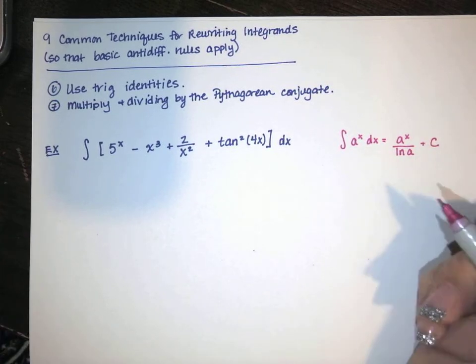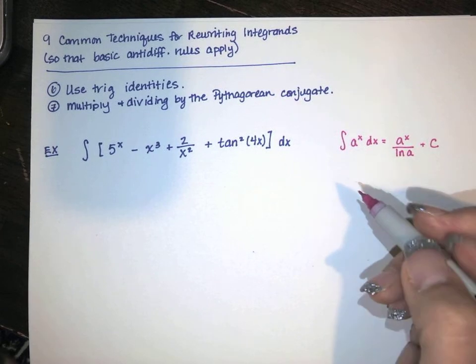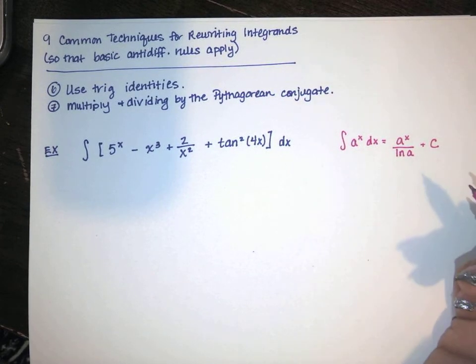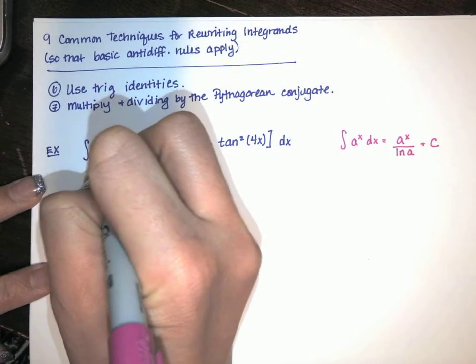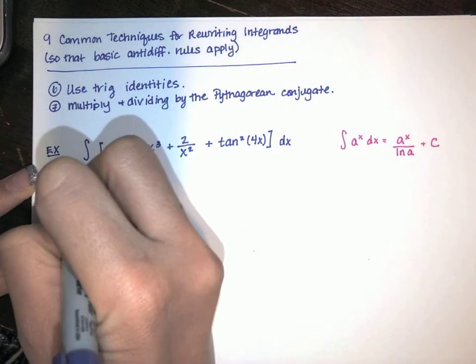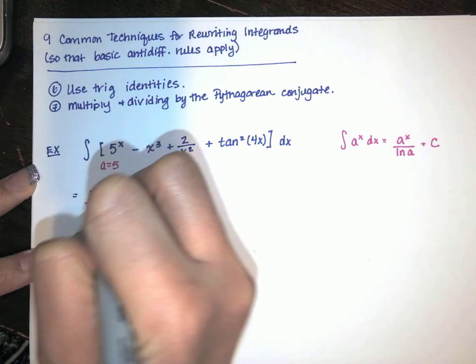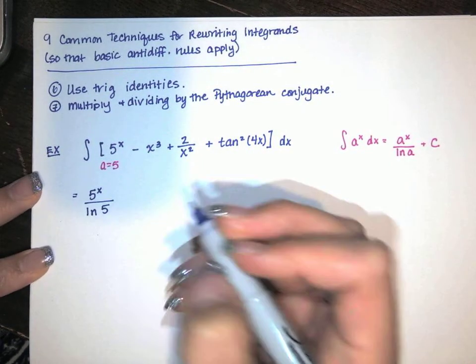Remember from Calc 1, when you took the derivative, you were always multiplying by natural log of a. When you take the antiderivative of a to the x, you're dividing by natural log of a. So here a is 5, and we're just going to get 5 to the x, all divided by natural log of 5.